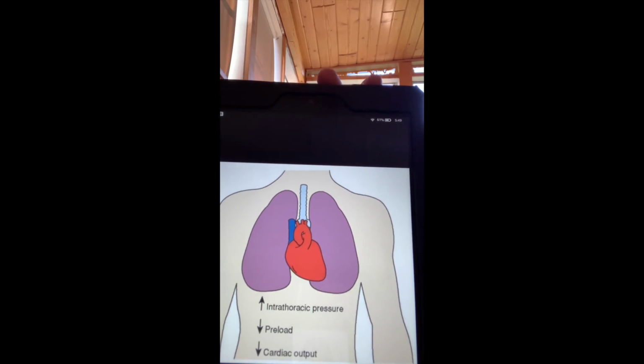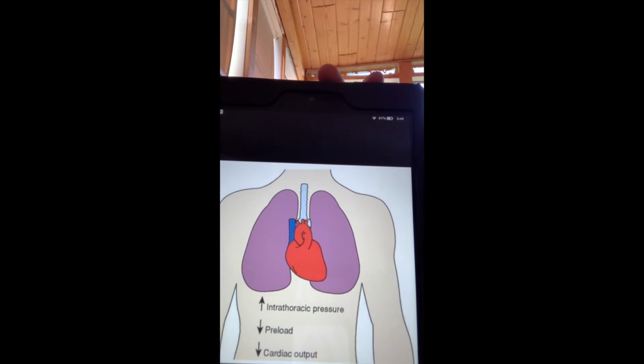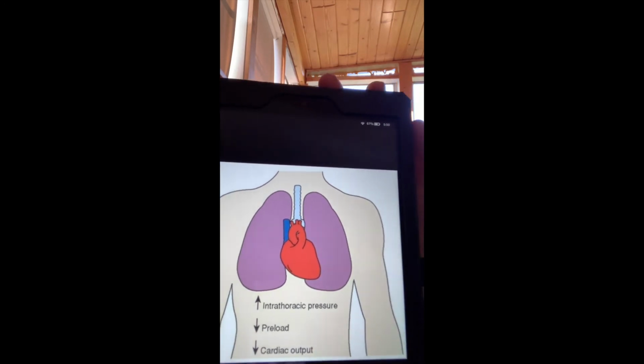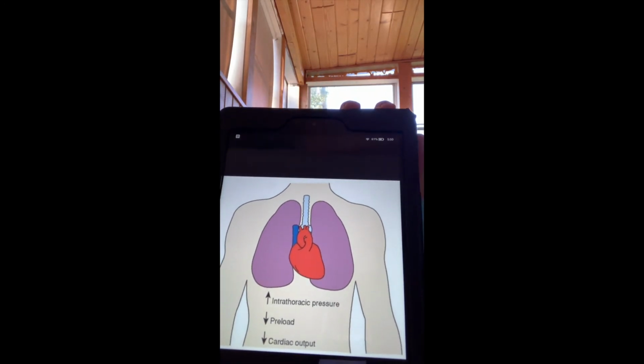So this increase in intrathoracic pressure decreases the area that the heart has, meaning not as much blood can get back into it and it can't make itself bigger. So this ends up decreasing cardiac output and in turn decreasing blood pressure. So you have to be aware when using positive pressure ventilations that you can end up decreasing people's blood pressure.